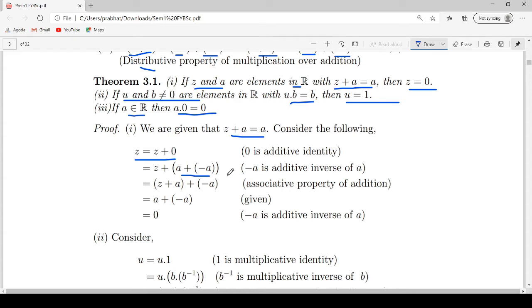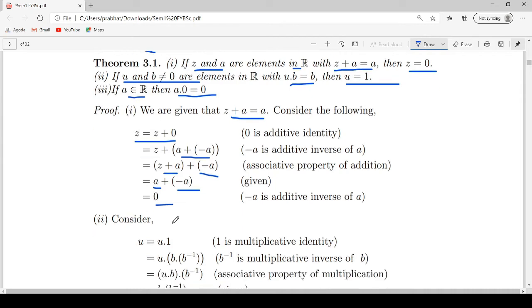Now I will use the associative property of addition and I will add Z and A together. So this is equal to Z plus A, plus minus A. But Z plus A is given to be A. Therefore, I can replace this Z plus A by A and this minus A as it is. So A plus minus A is equal to 0 by definition of additive inverse. And that proves that Z is equal to 0.